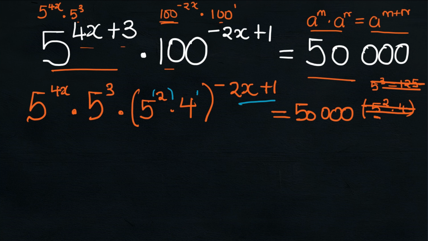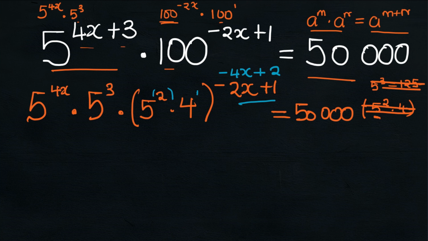So instead of having 5 to the power of 2, we are just going to say 2 multiplied by minus 2x is going to give us minus 4x. And then 2 multiplied by 1 is just going to give us 2, sorry about that.